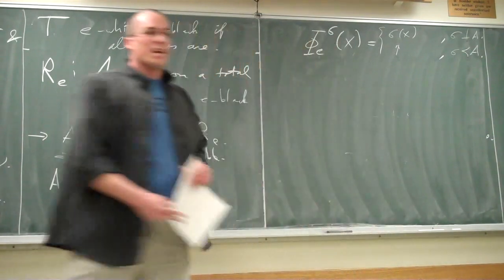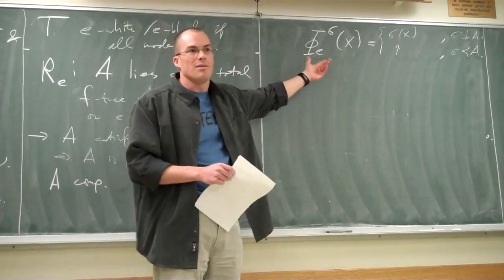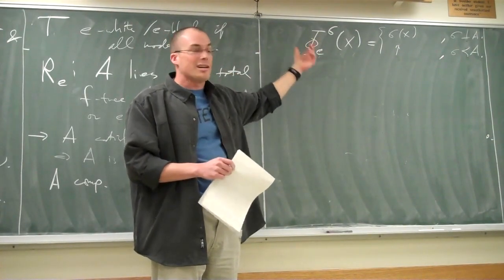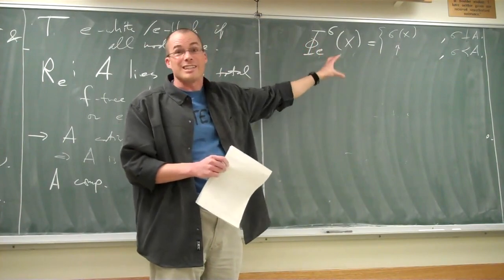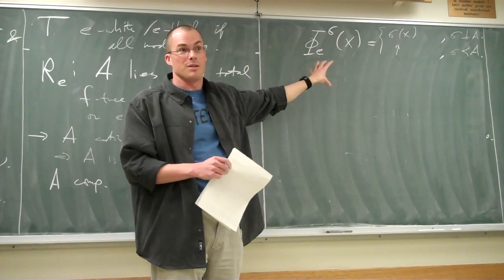Particular computable thing. Now, according to our assumption, A lies on an E black or an E white tree for every E, in particular for this E. The A we're dealing with here lies on an E white or an E black tree, according to our assumptions.